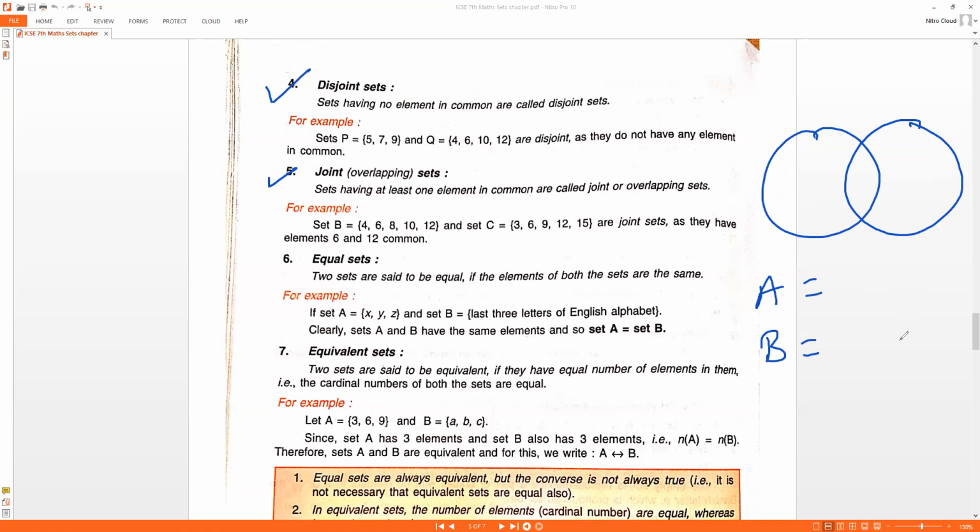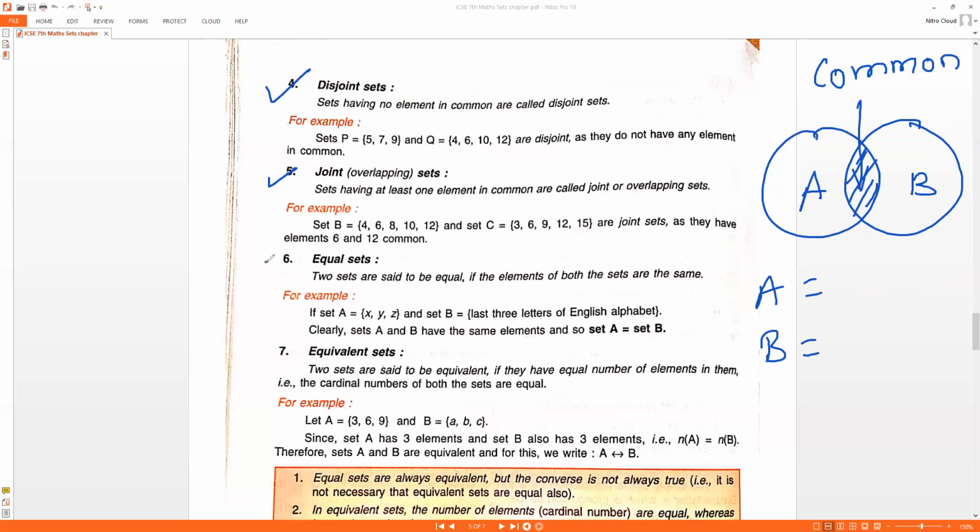Obviously 6, or even 12, is an element which is common between them. Those are called overlapping sets. You can show them by this. This shaded portion is common. Some elements are common between A and B. If at least one element is common, then we can call them joint or overlapping sets.